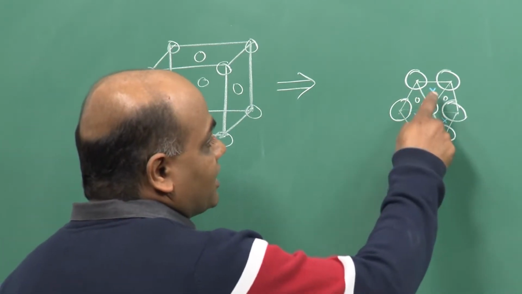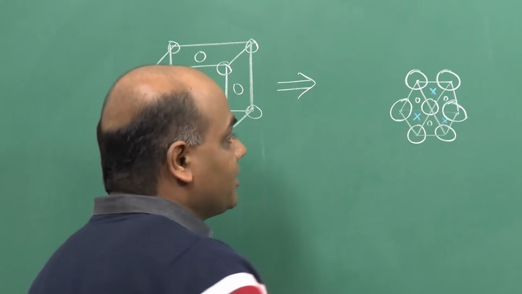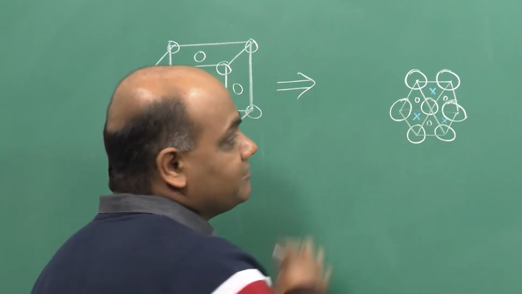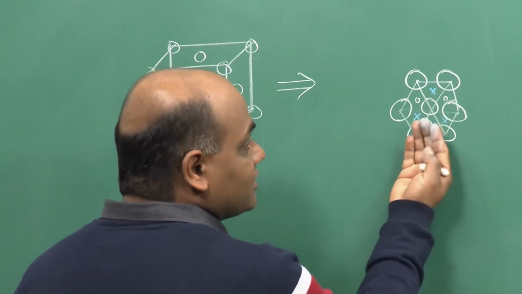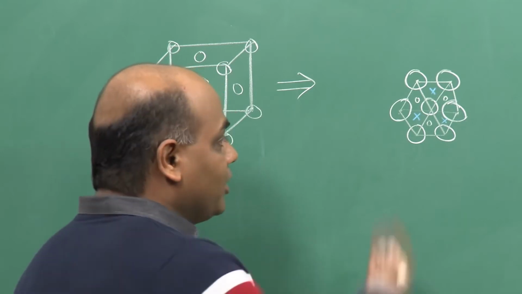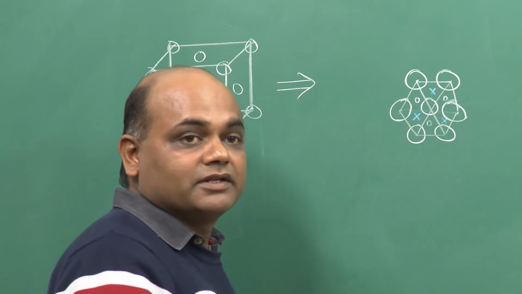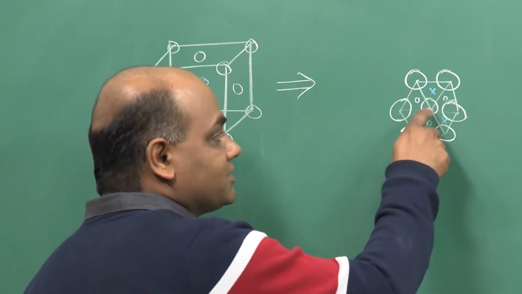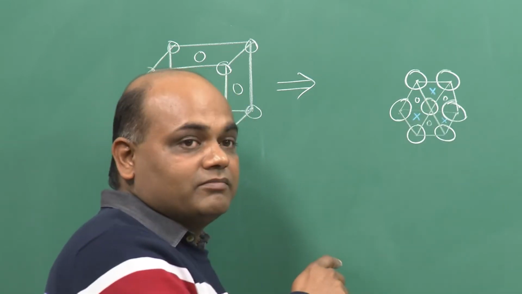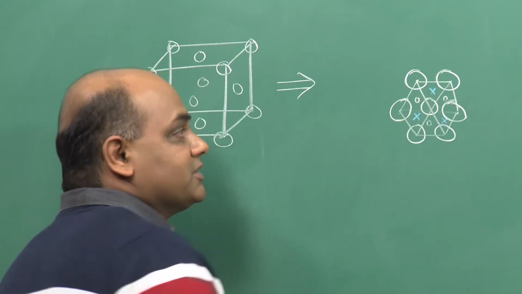So, these crosses are the 3 nearest neighbor atoms of this central one, which are lying in the plane below this plane, and the dots are the 3 nearest neighbor atoms of this central atom which are on top of this plane.